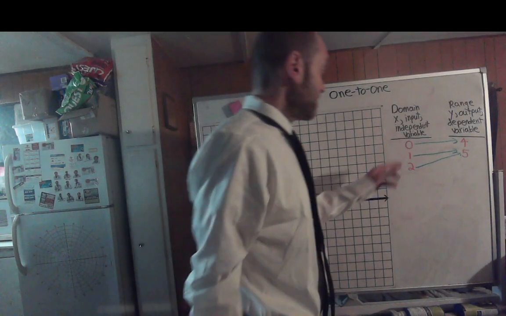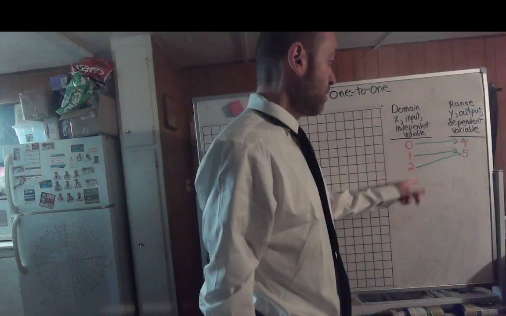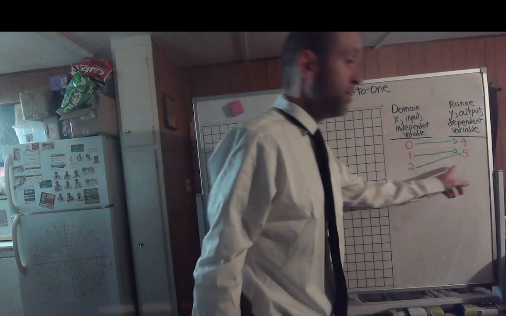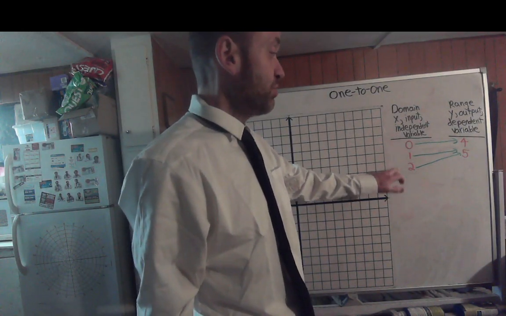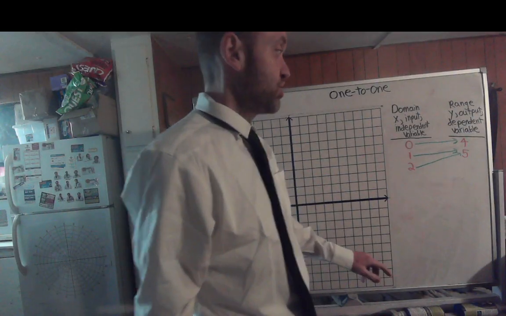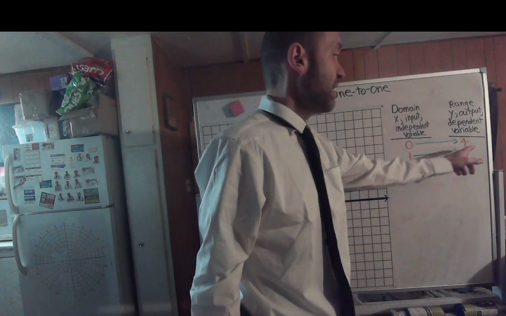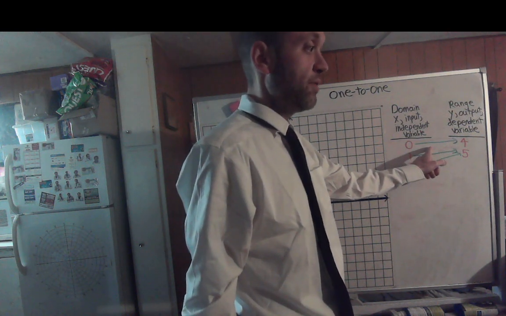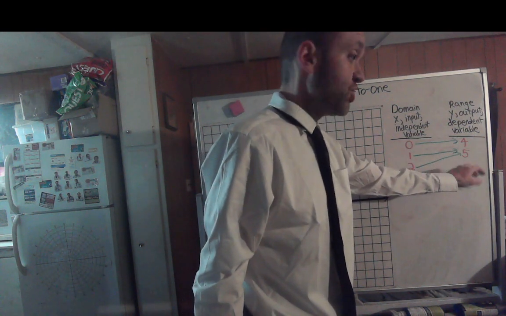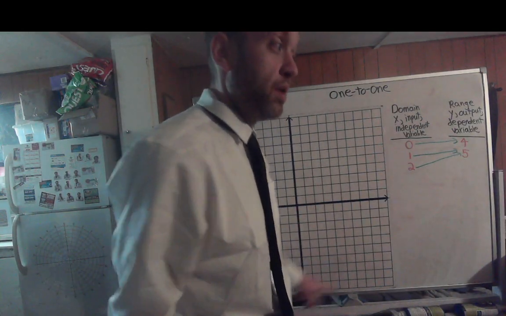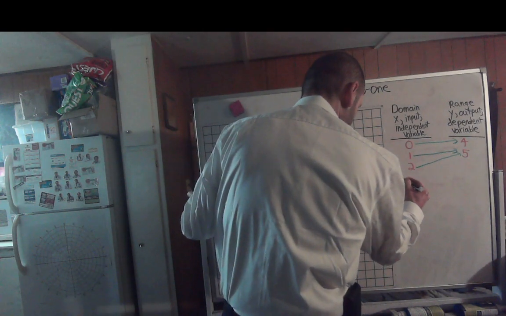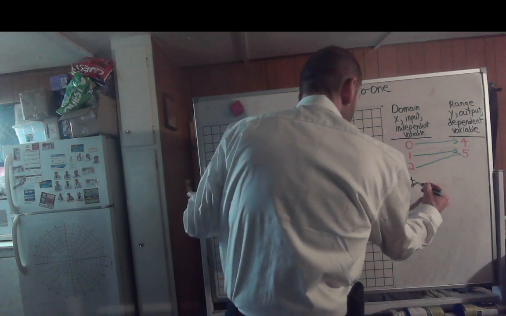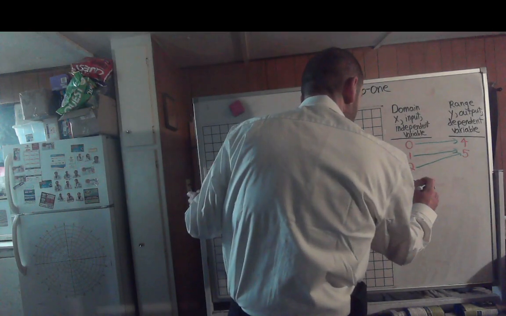Now this time in your domain, 0 goes to 4, 1 goes to 5, 2 goes to 5. It's still a function because each member of the domain has only one member of the range. But if you flip this around, look at your range. 4 only corresponds to 0, but 5 corresponds to both 1 and 2. So this function would not be one-to-one. So this particular function is not one-to-one in this case.